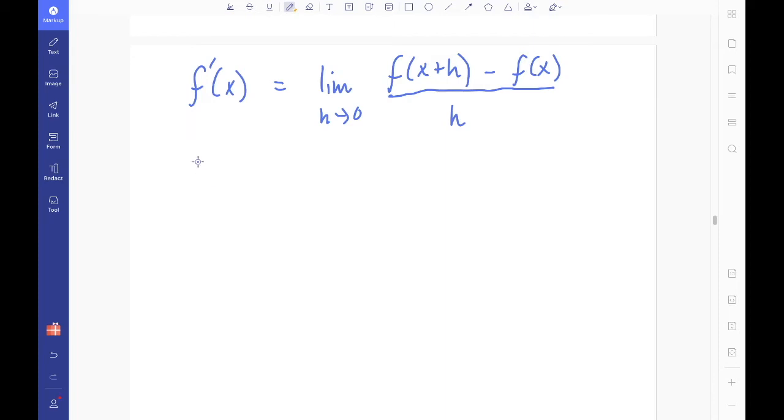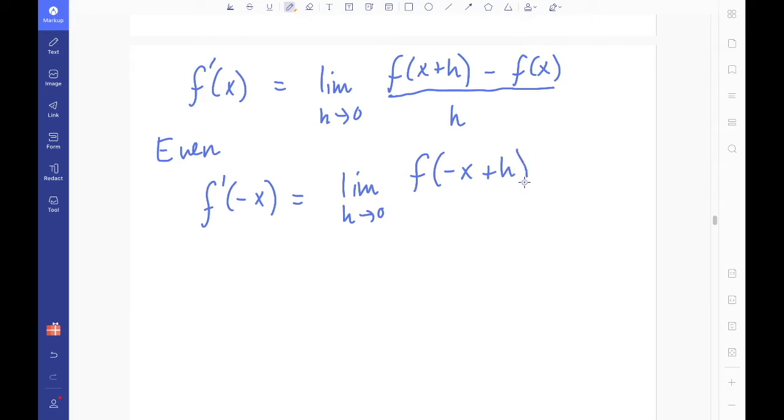So let's start with even. Then we're saying that the derivative of negative of x is the limit as h approaches 0 still of this function, but now we've replaced x with negative x, so we get f of negative x plus h, minus f of negative x, all over h.